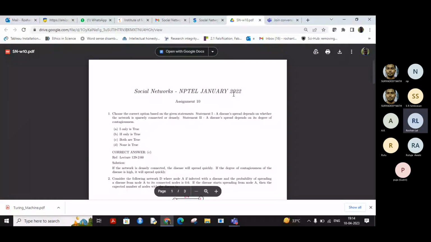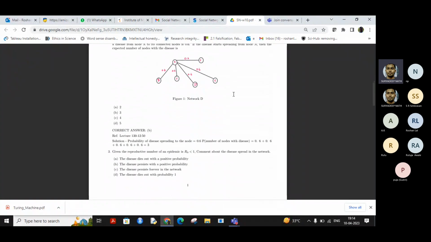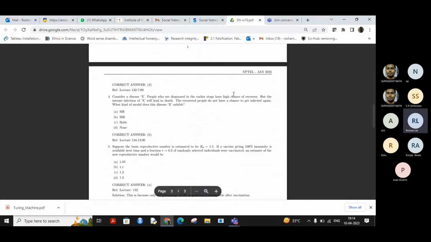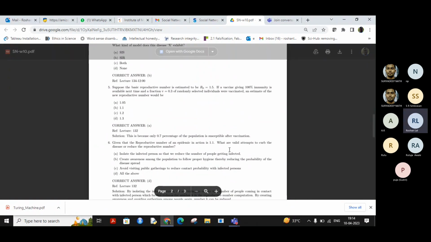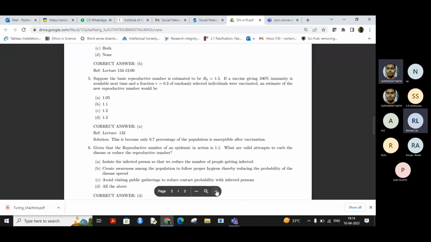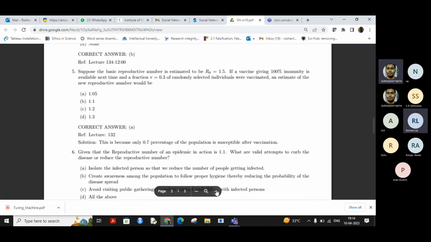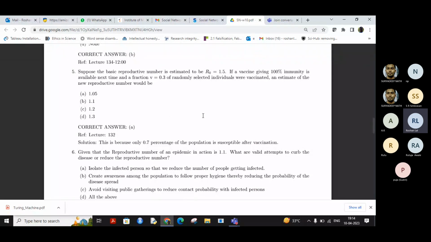Is it visible, sir? Yeah, I can see it. In question number 5, the answer is A, 1.05.